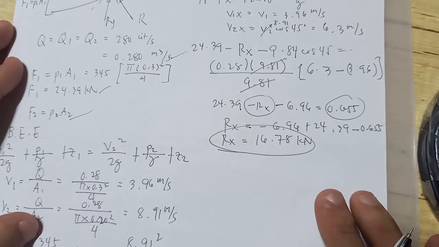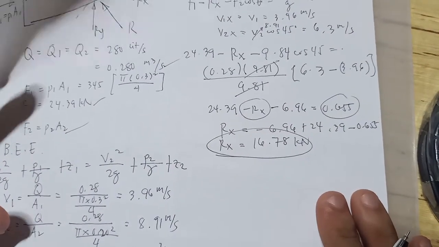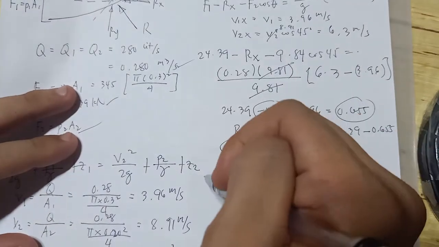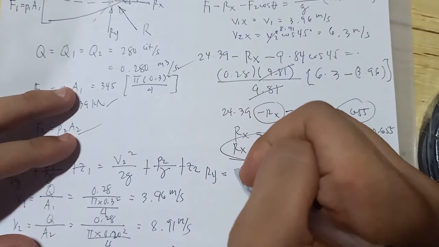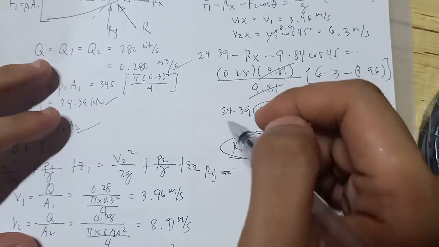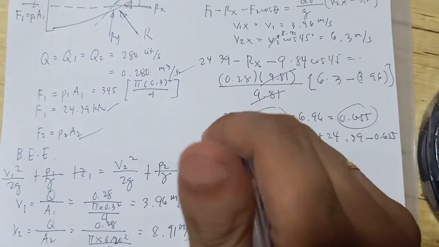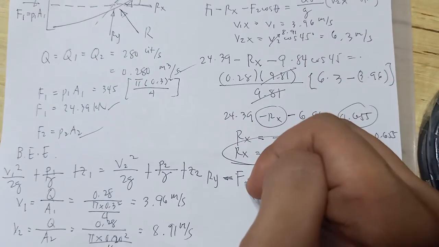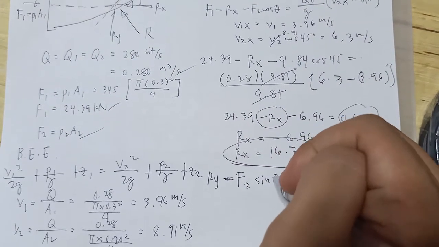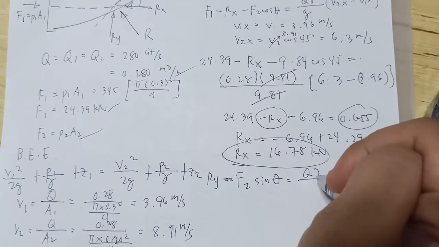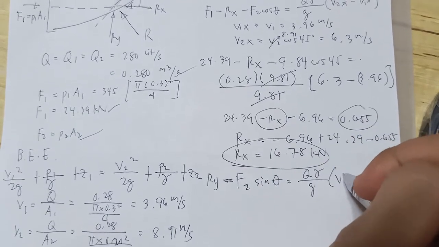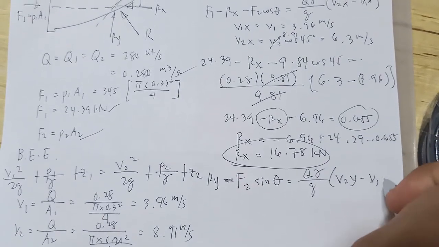Next are the components of the reaction. Ry is based on our formula: Ry minus F2 sine theta equals Q unit weight over g times V2y minus V1y.